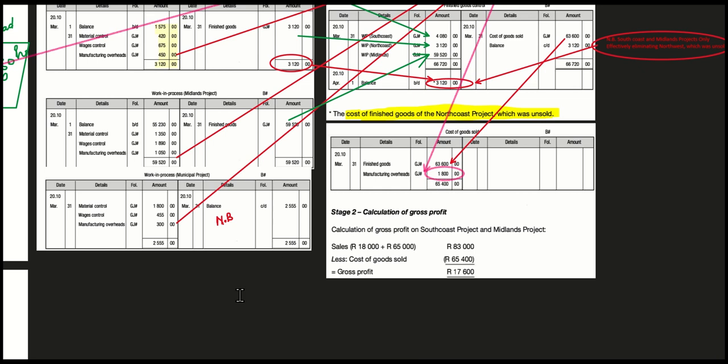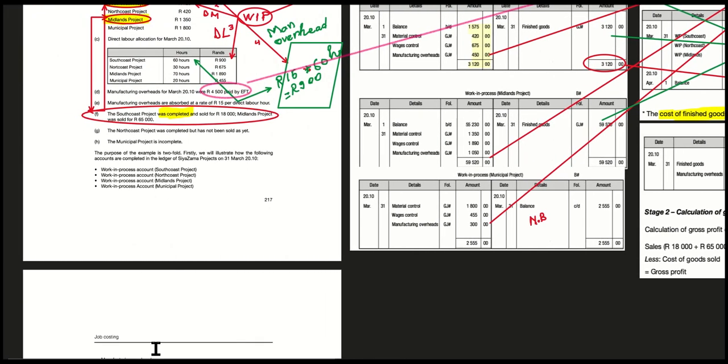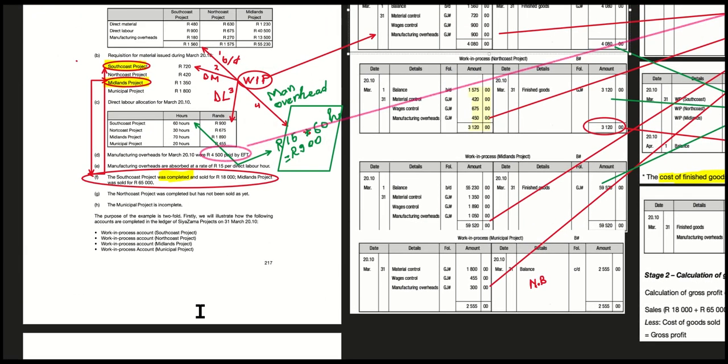Right. So with that, we are in a good position to look now at the sales itself. We are told that the SAF project was completed and sold.